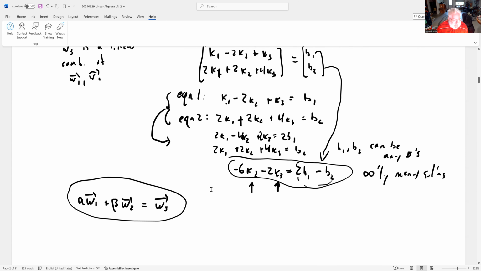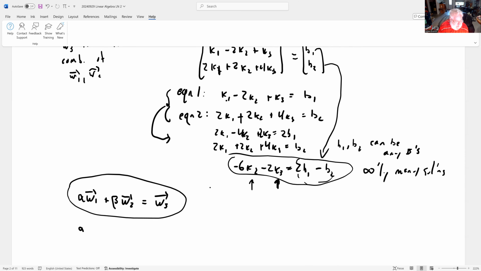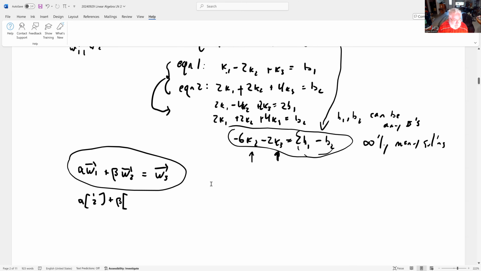So this is alpha times (1, 2) plus beta times (minus 2, 2) equals W3, which is (1, 4).